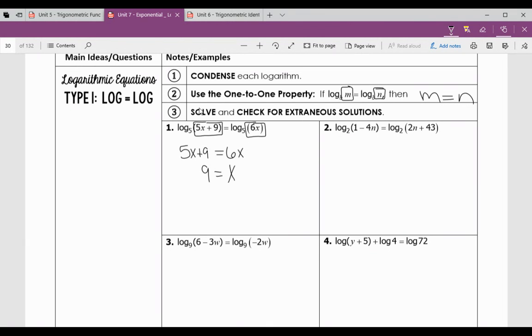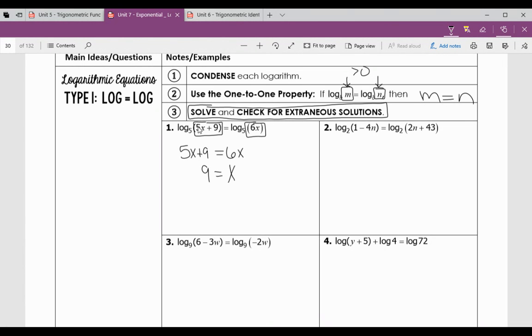Now, I don't know if you read number 3. It says solve and check for extraneous solutions. The reason you have to solve and check for extraneous solutions is this number and this number. They always have to be positive. So I don't care what your outcome is, what your answer is. If you plug it back in here and get a negative number, you have to throw your answer out.